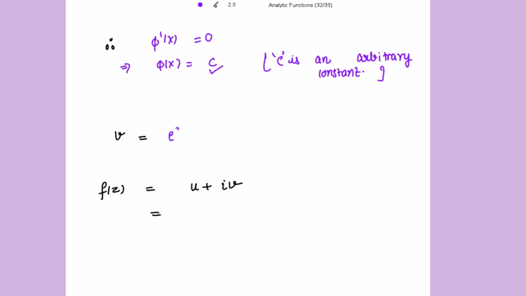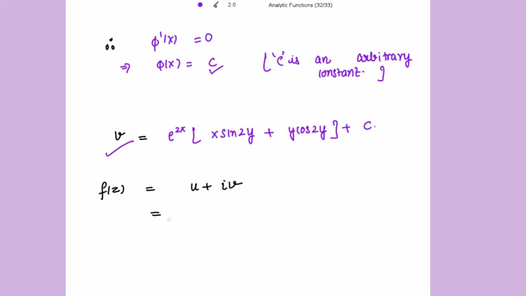So V is equal to e^(2x)(x sin 2y + y cos 2y) plus that constant φ(x), that is C. So I'm having this V, and also we know that u is given to us.